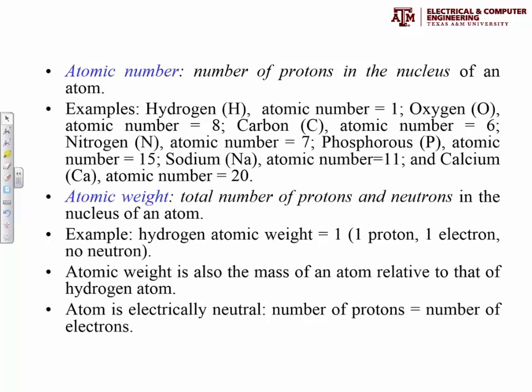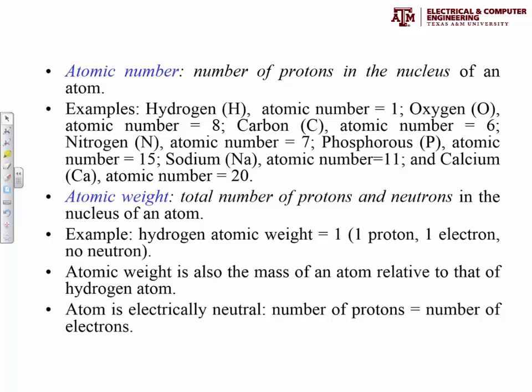So what is the atomic weight? The atomic weight is the total number of protons and neutrons in the nucleus of an atom. For example, hydrogen has got an atomic weight of 1, because if you look at the hydrogen atom, you have 1 proton, 1 electron, no neutron, okay? So the atomic weight is 1, okay?